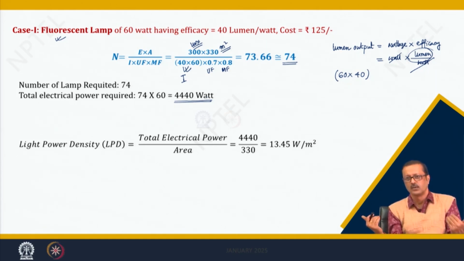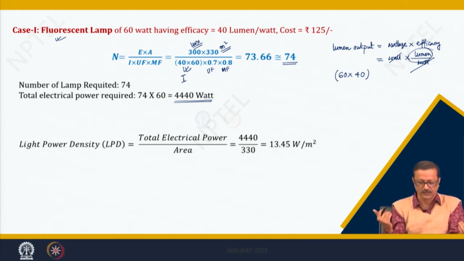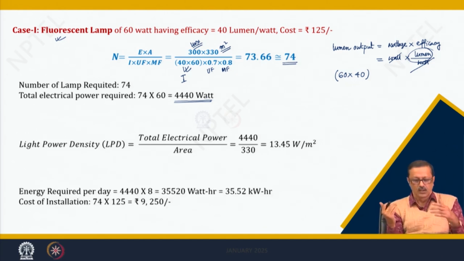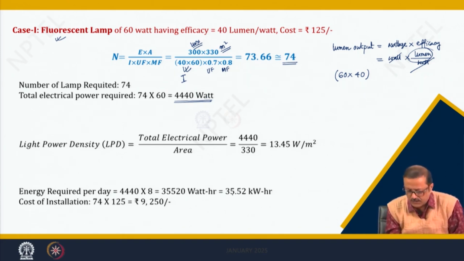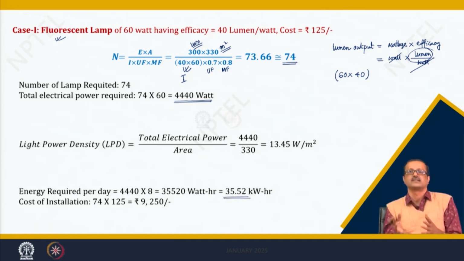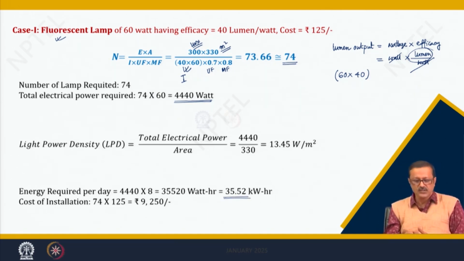Now, if I install fluorescent lamp as one of the solutions, case 1, how much energy is required per day? Per day how much energy do I require, because I will run this 4440 watt for 8 hours. So, 35.52 kilowatt hour is the energy requirement. And the cost of installation is how much? The cost of installation is 74 lamps I have to install at 125 rupees per lamp.